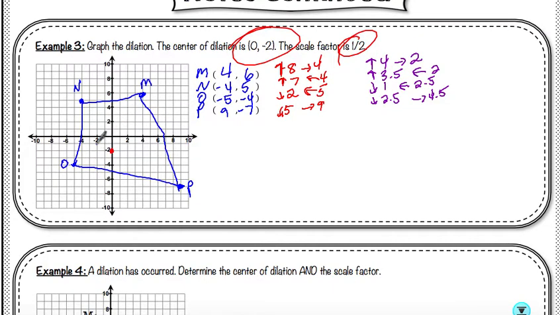Okay, so I've got to go up 4, right 2. That will be M prime. Then I'm going to go up 3.5 and then left 2. That is going to be N prime. Ooh, so messy. And then I'm going to go down 1 and left 2.5. That's going to be O prime.